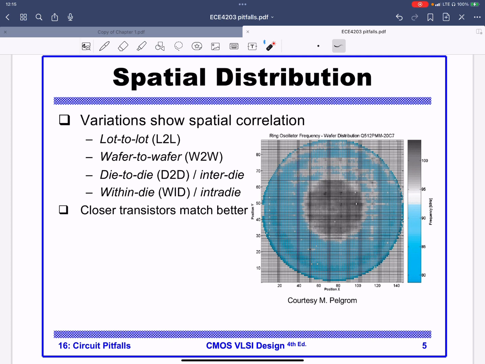This shows a distribution where the frequency of the ring oscillators is running much faster. This is what's called a thermal map, meaning that the colors represent different values. Then this shows the X and Y position of those circuits on a full wafer. I don't know if this is an 8-inch wafer or a 12-inch wafer, but you get the idea that the circuits here at the center, represented dark in the thermal map, are running much faster.